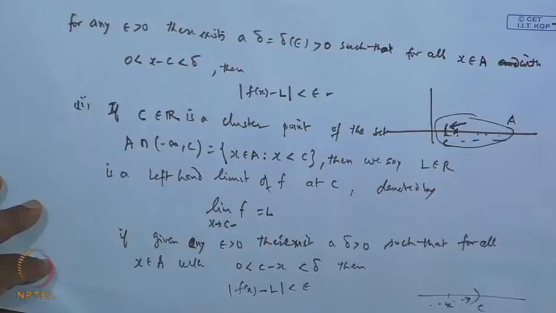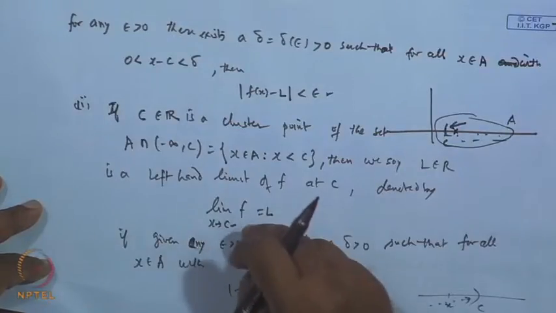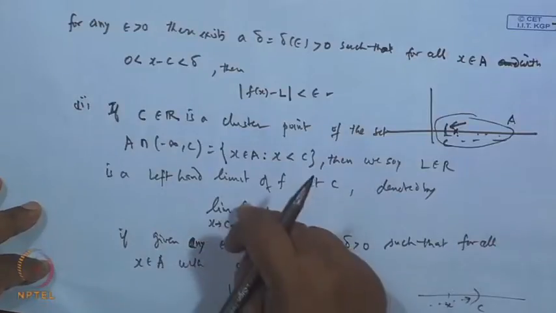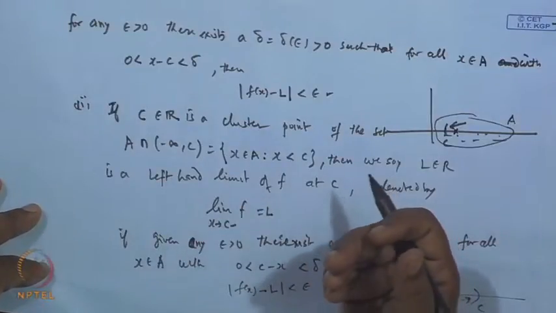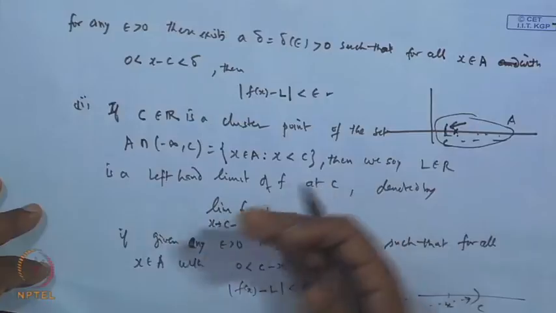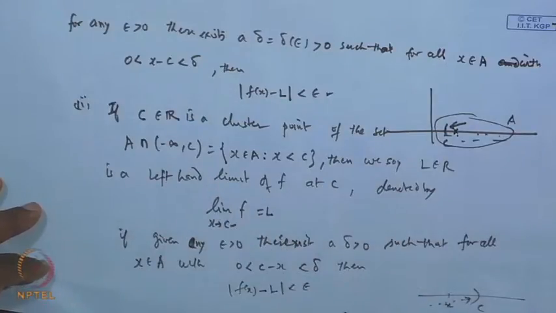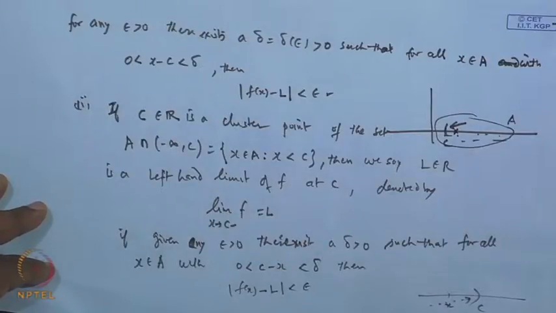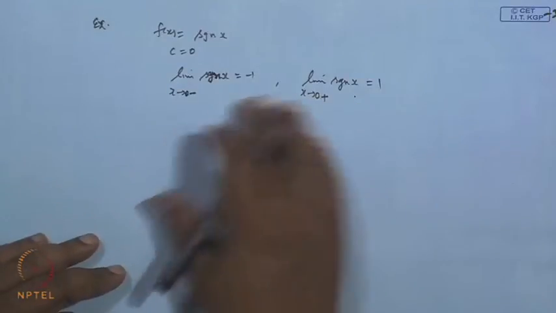However, it is not necessary that we always have a left hand limit or right hand limit or both. It may so happen that we get neither, hence the limit will not exist, or sometimes we get the left hand limit but not the right hand limit, and vice versa, or sometimes we can get both the limits, but the values are different. So, this is the case when both the limits exist, but they are not equal.